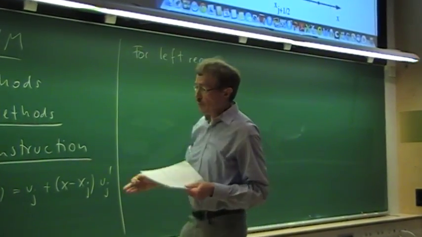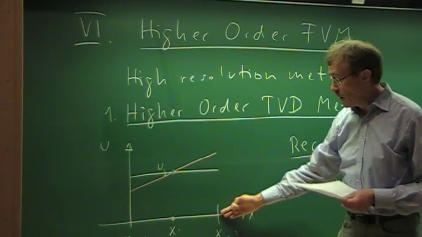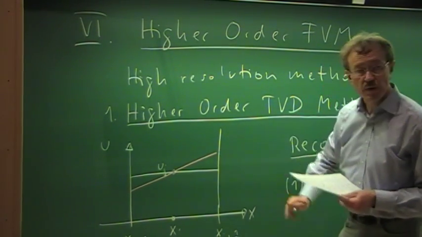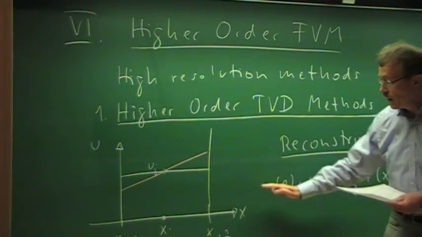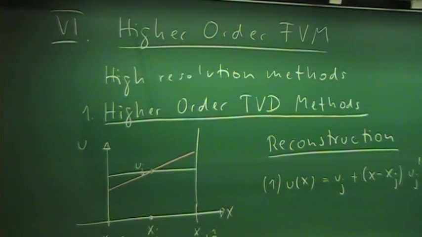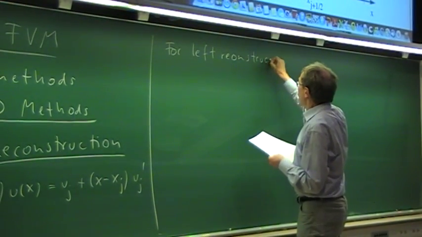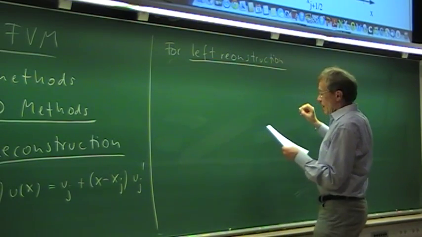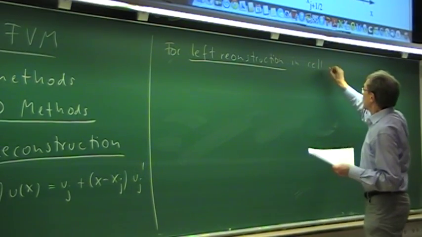When this is the cell, and we are focusing on this cell face, then we want to know what is the value there on the left side. We'll have also something on the right, and from that we do a right reconstruction. But first we use left reconstruction, and we do that in the cell J, the one that we are focusing on.